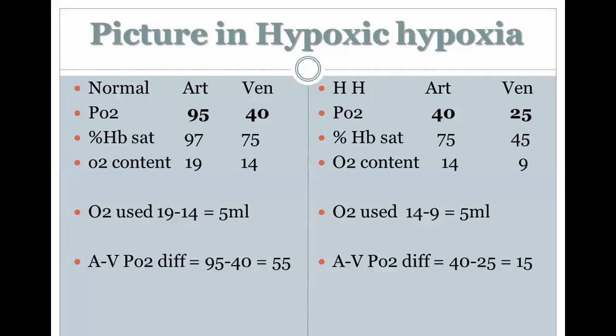Arterial venous PO2 difference is 55. Extraction. Consider it as 100.